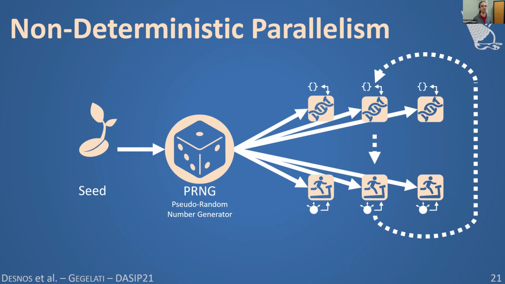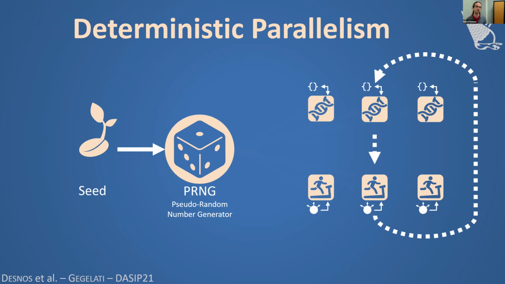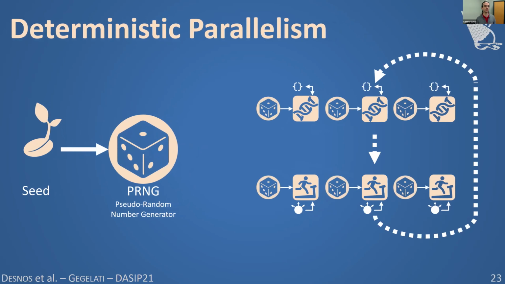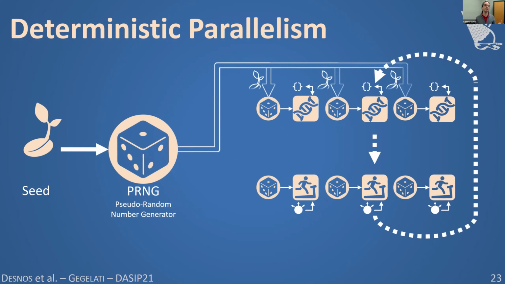So how do we get determinism? Well, the trick that we used to get determinism is to associate a pseudo-random number generator to each instance of the genetic evolution process. Using the main sequential PRNG, we give a seed to each one of these parallel pseudo-random number generators, and we actually give one seed for each program.